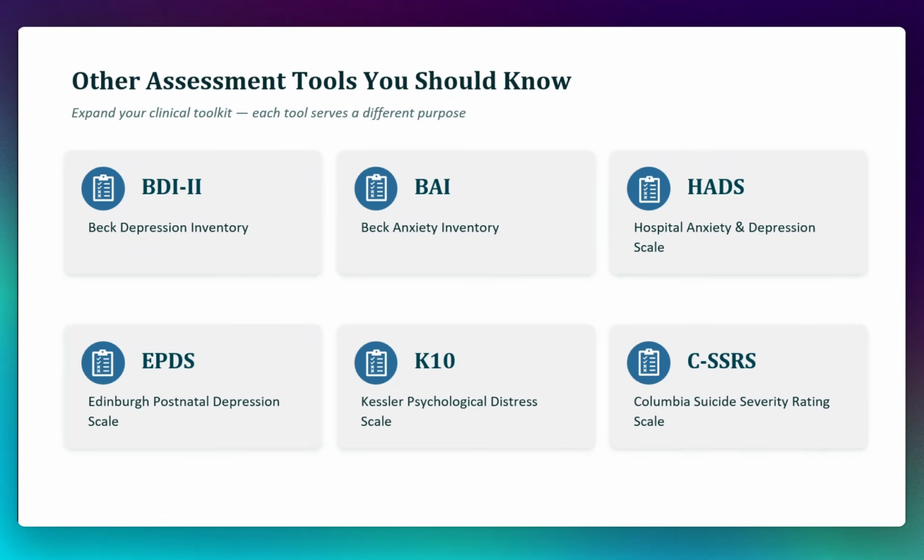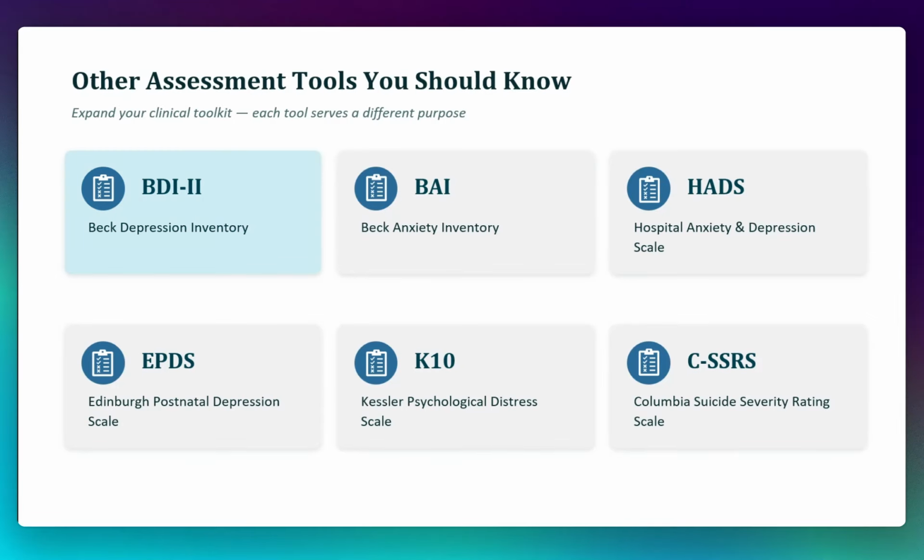Now, as your clinical experience grows, you're likely to use more than just the PHQ and GAD assessments. There are many different types of behavioral health assessments. They all have rating scales and all serve unique purposes. Let's take a quick look at some of the other mental health assessment tools you should know. The Beck Depression Inventory.